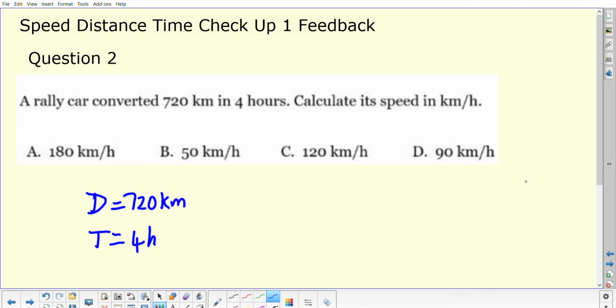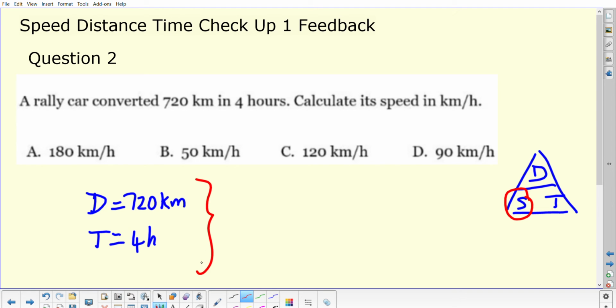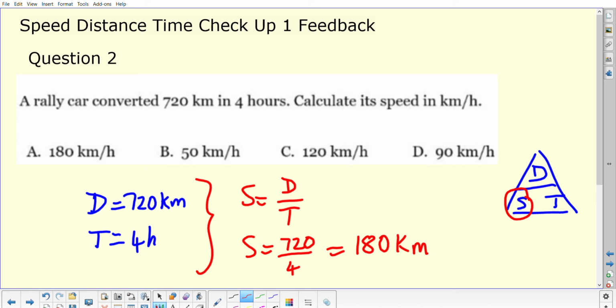Whether or not you drew the wee triangle again, you'll see this time if you cover up the speed, you're left with distance over time. So the formula you're going to be using is distance divided by time. So you would be doing 720 divided by 4, and that comes to 180 kilometres per hour.